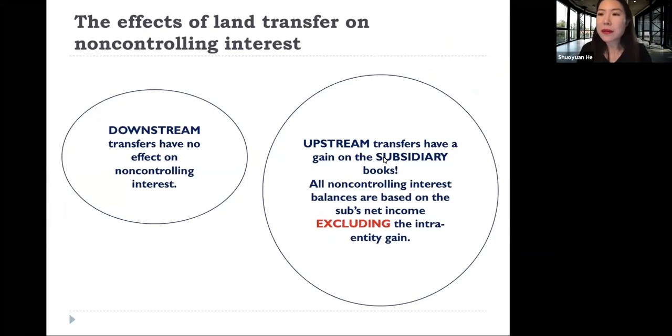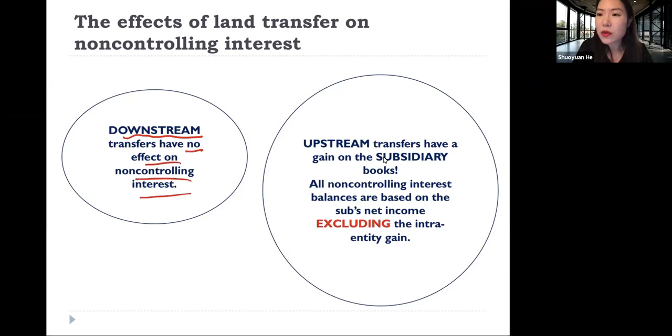So we have talked about entry TL and star GL. The last thing I want to mention here about the intra-entity land transfer is if there's non-controlling interest here, we basically just do the same thing as what we did for the intra-entity inventory transfer. If it is a downstream transfer, it has no effect on non-controlling interest.